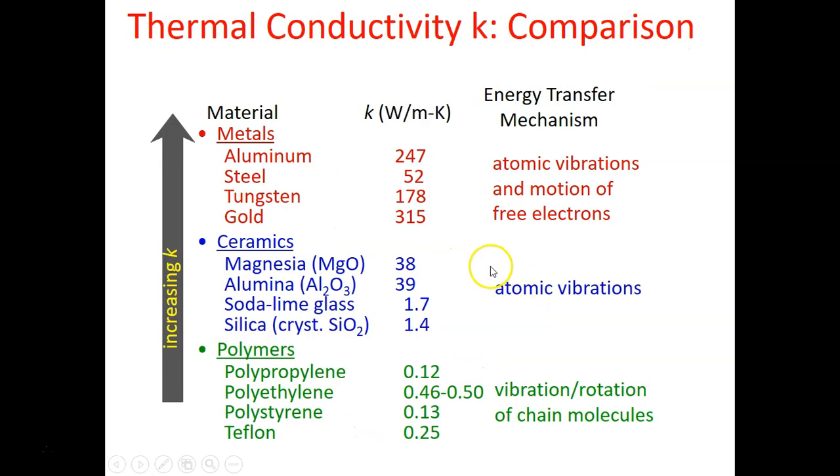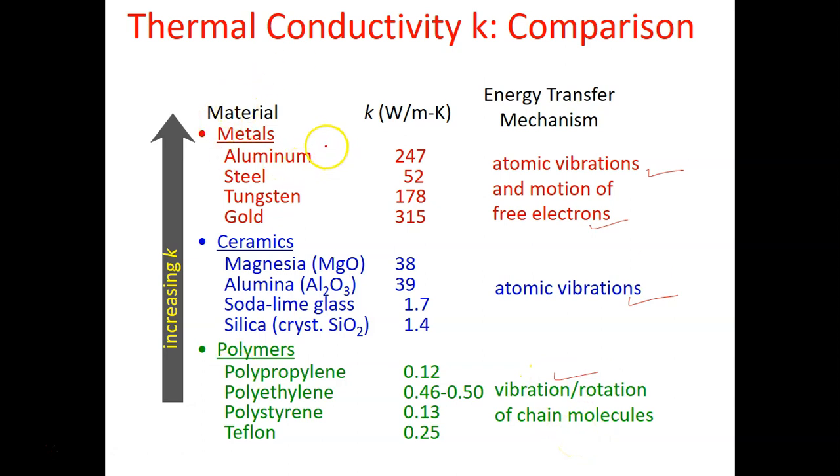This is the comparison of thermal conductivity across all the materials. Metals have the highest conductivity, while ceramics and polymers have the lowest thermal conductivity. The energy transfer mechanism in metals is through atomic vibration and motion of free electrons. In ceramics, the mechanism of energy transfer in thermal conduction is just atomic vibration, and for polymers, it's vibration and rotation of chain molecules.